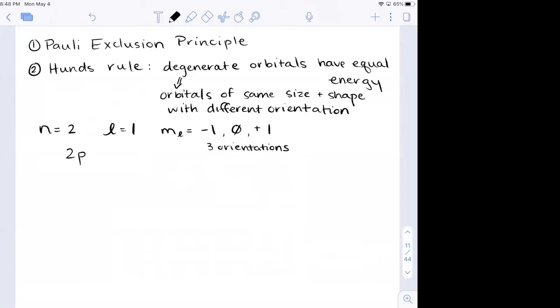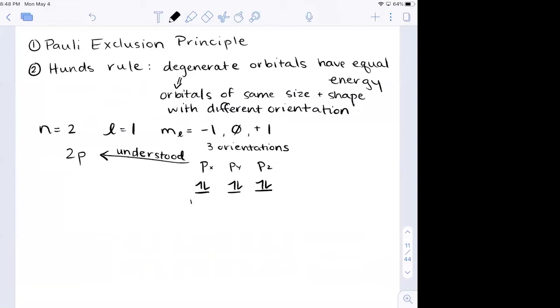So when we think about the px, the py, and the pz, they will all be encompassed in that 2p, and they're understood to all be there. There are 3 orientations, and each orientation can have 2 electrons.